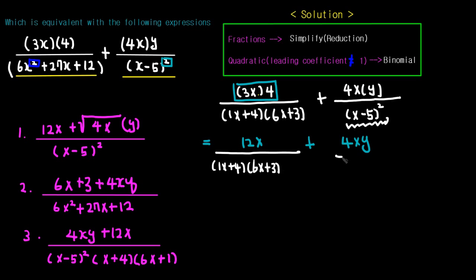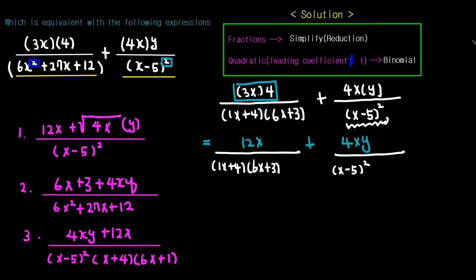And then 4xy over x minus 5 squared. But here comes our fraction property. If there are two fractions, in order to have a common denominator, we also have to multiply every single term from the denominator except for the common one to make a common denominator.